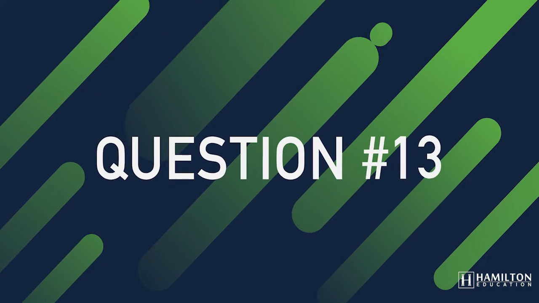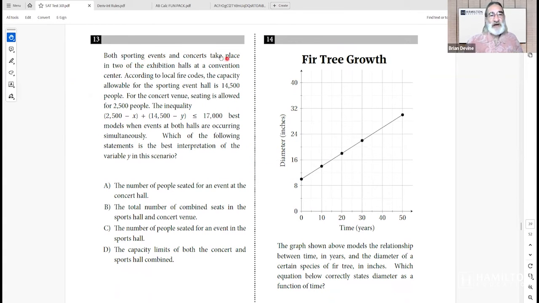Question 13. Both sporting events and concerts take place in 2 of the exhibition halls at a convention center. And according to local fire codes, the capacity allowable for the sporting event hall is 14,500. And the concert venue is allowed to seat 2,500 people.